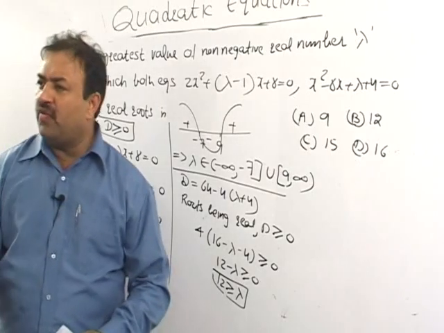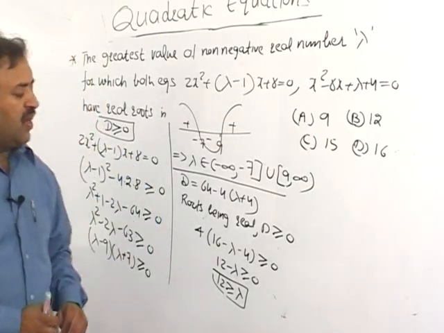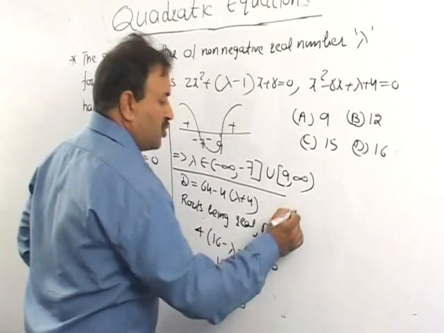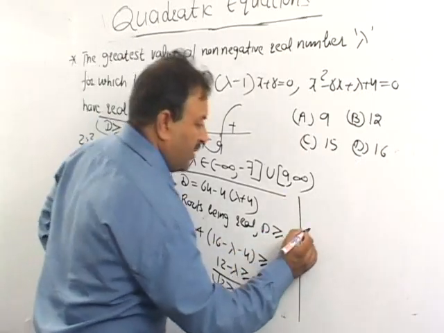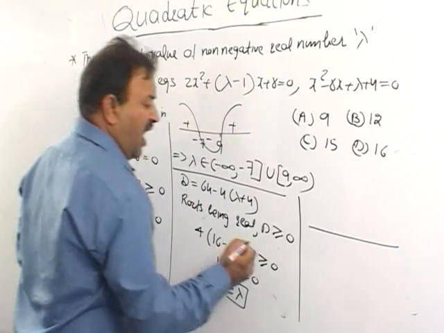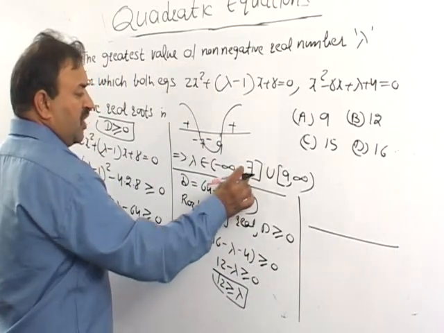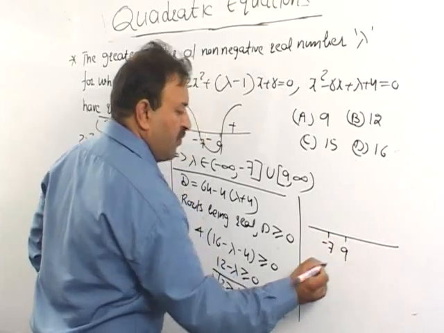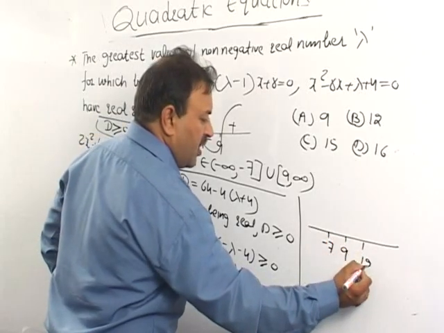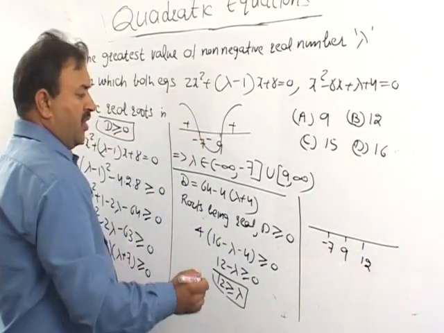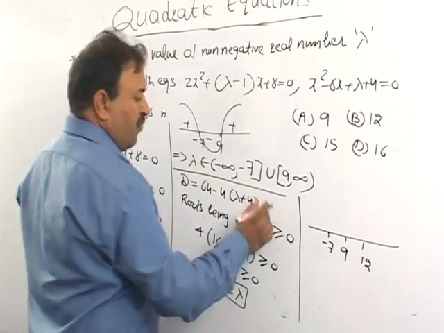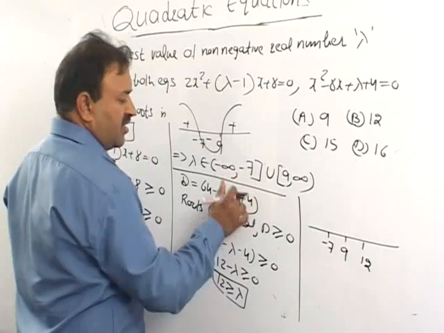As we have done earlier, we will represent both these solutions on a number line. So we draw a number line and represent those points. The first point is minus 7, another point is 9, another point is 12. Now lambda belongs to minus infinity to minus 7, so we are representing the first result.